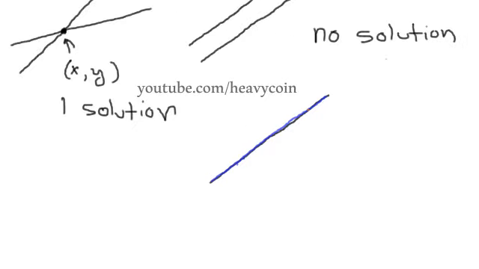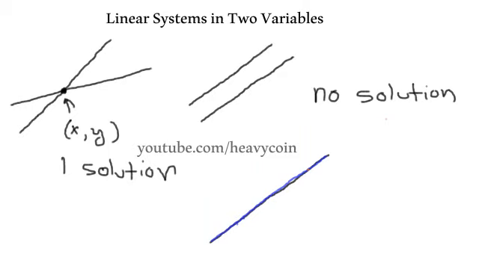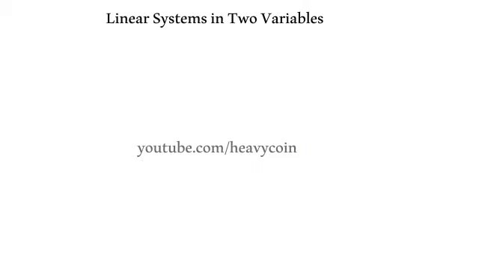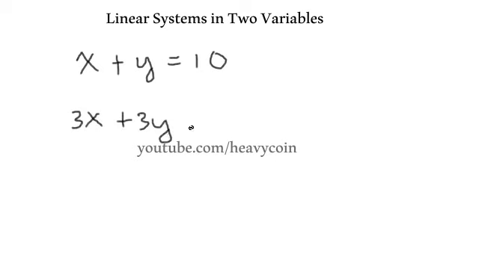Let's start over here with a new screen. What I'm going to do here is construct a system that has an infinite solution set. Let's say we had x plus y is equal to 10. Now I'm going to multiply, let's say by 3, it doesn't matter, we multiply a number all the way across, and let's say we have 3x plus 3y is equal to 30.